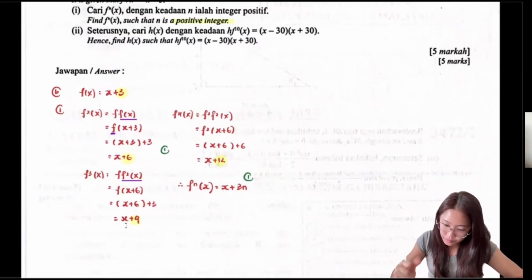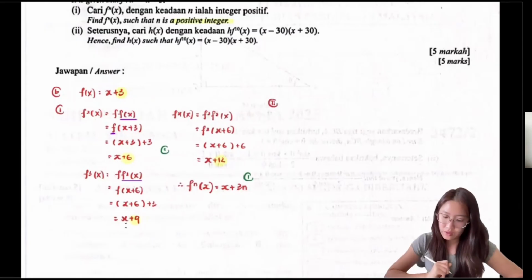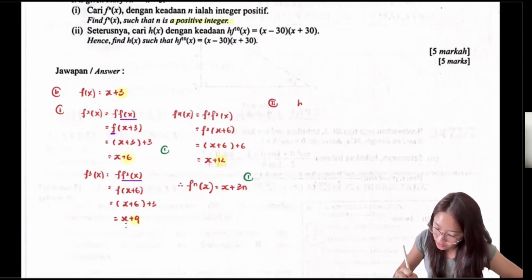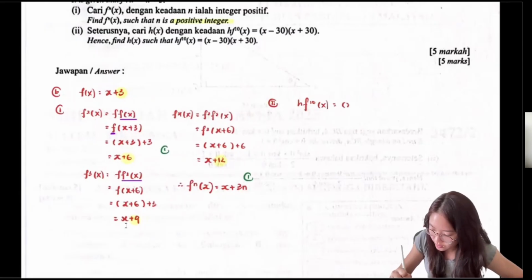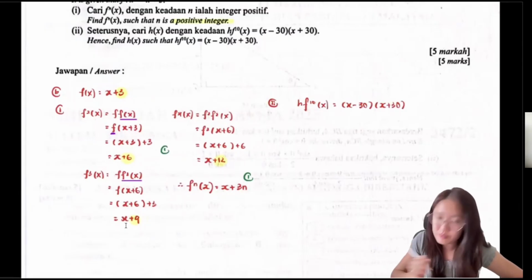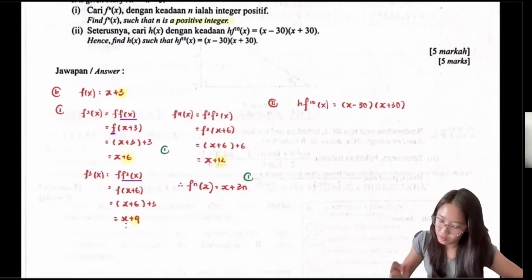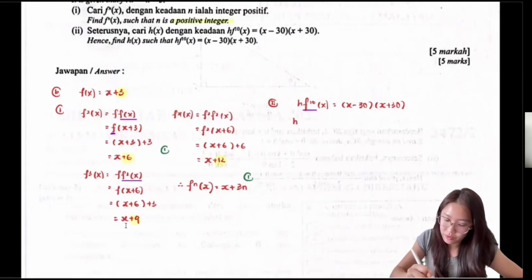Okay, part 2. Hence, find h(x) when you're given h(f power 10 (x)) equals to (x minus 30)(x plus 30). Okay, now, first thing, we can substitute f power 10 first.